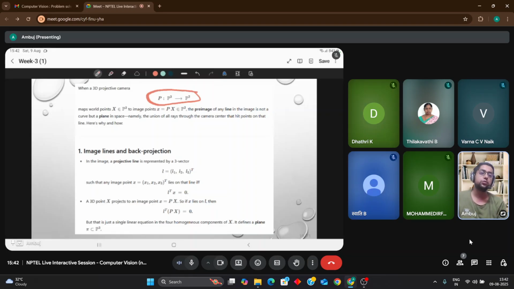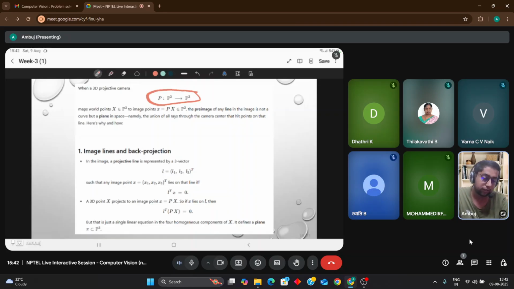Coming from the same fact, if you reduce the distance between the camera and the image plane, you won't get any image. A 3D point X projects to an image point x equal to PX.